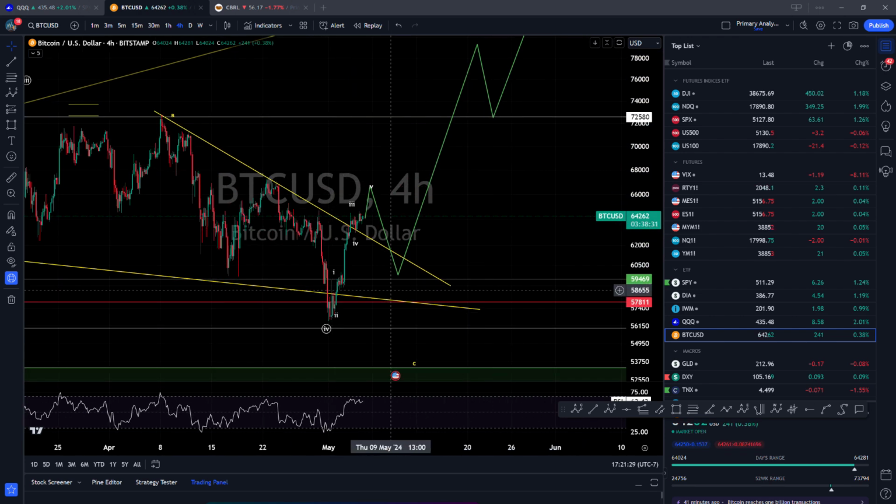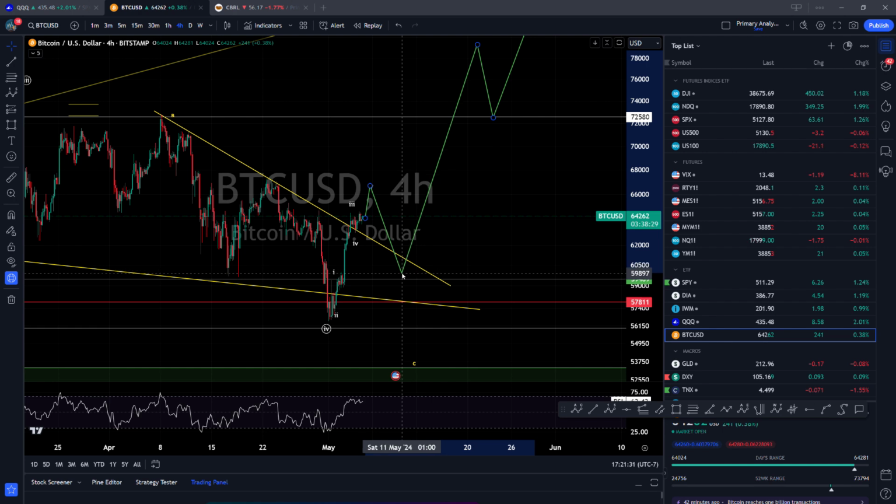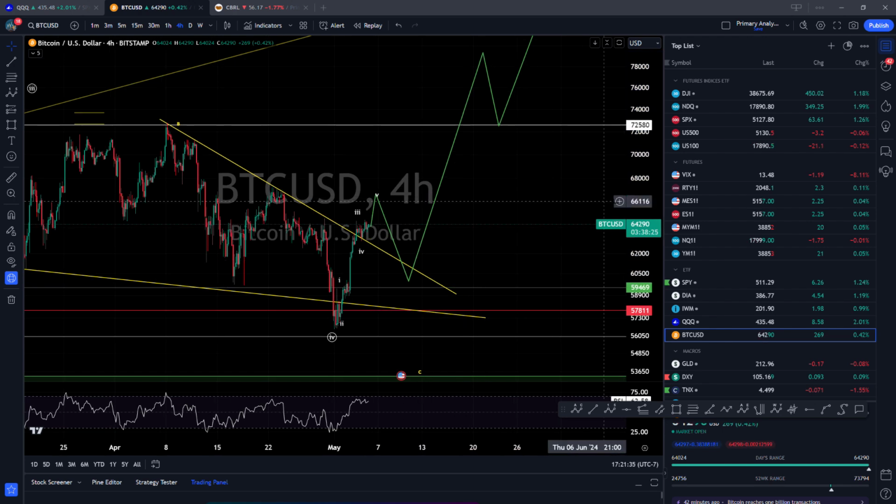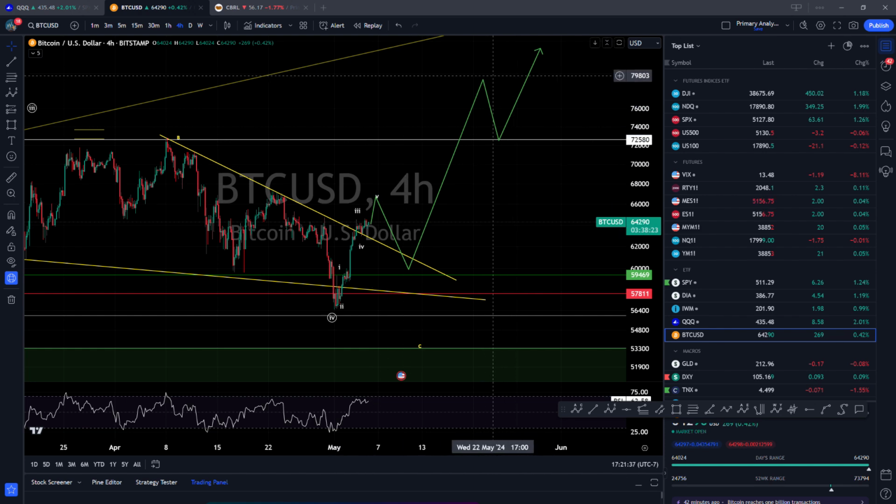We will see a dip, should come back to this area again around 59, 60K before it's really rallying in wave 3. But this is bullish, right?